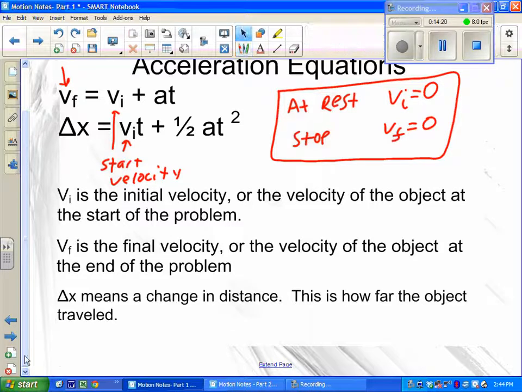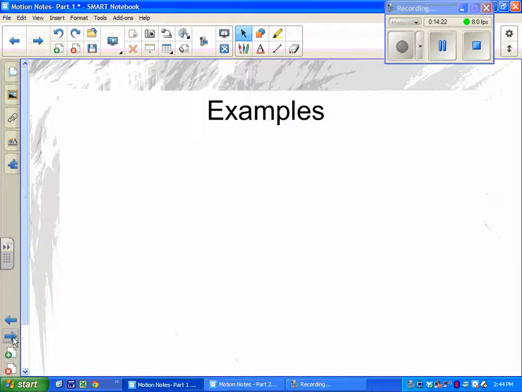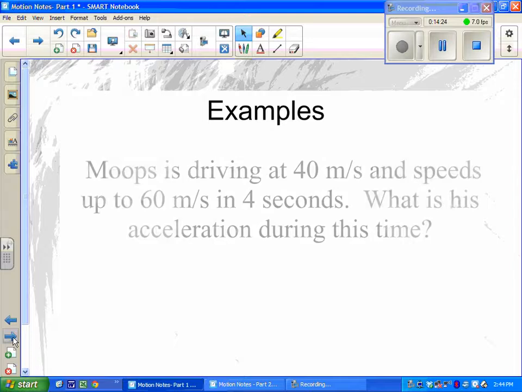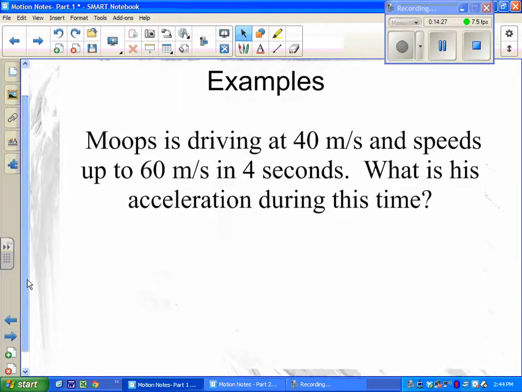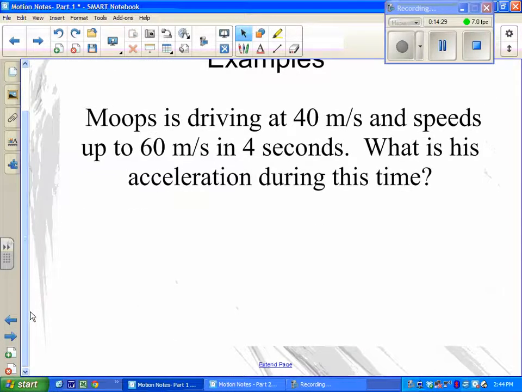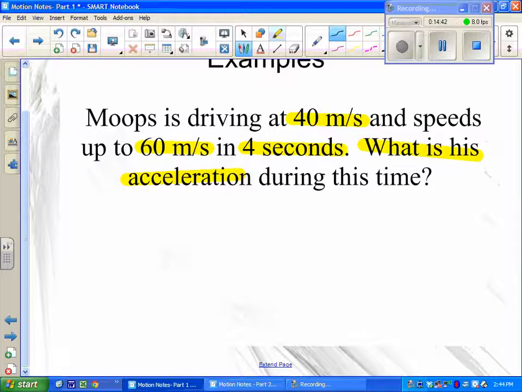Okay. Let's look at 2 examples and we'll be done with part 1. First example, here's Moops, driving at 40 meters per second. I'm going to need that. Speeds up to 60 meters per second in 4 seconds. What is his acceleration? So I'm going to write that stuff down.